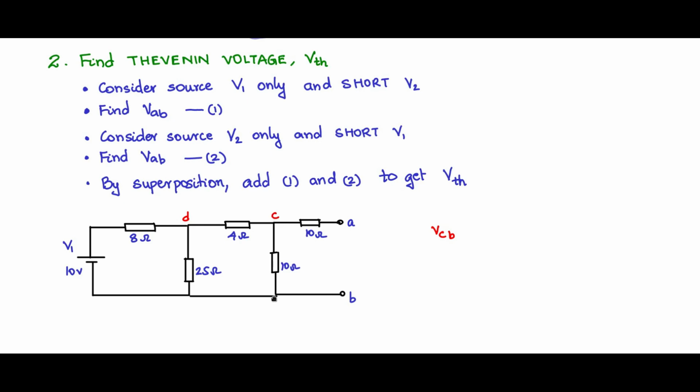You can call it VC also. VC is same as VAB because there is no current flow here. AB is open circuited, and therefore the voltage drop across this is 0. So VCB is same as VAB, and then we can calculate the voltage across this, because this is providing 0 voltage drop, no current flow through this. So you take just this portion of the circuit.